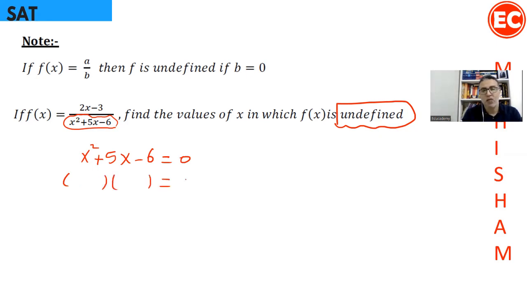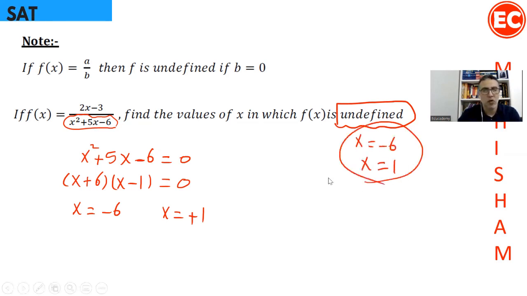You can go back to the factorization video to understand that. I'm going to write it as x and x, one positive and one negative. And I'm looking for two numbers whose product is 6 and difference is 5. So it's 6 and 1. So x is equal to negative 6 or x is equal to positive 1, sorry. So the two values that make this function undefined are x equal to negative 6 and x equal to 1.